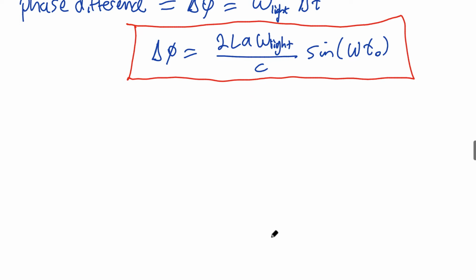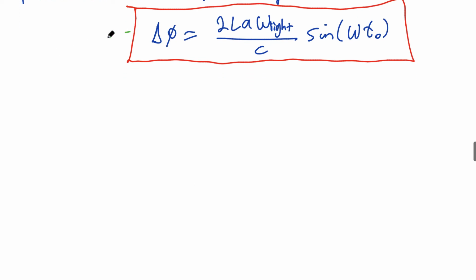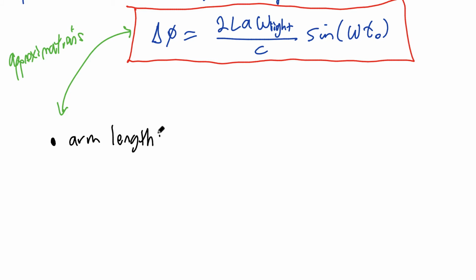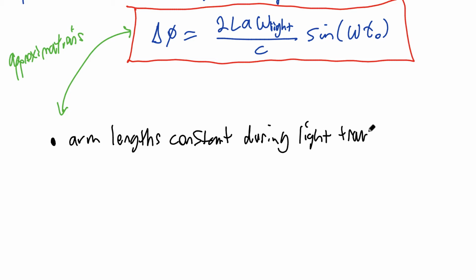Now, in deriving this result, I've made a few approximations. The first approximation is that the arm lengths are constant during the light travel time. This is really not a bad approximation.